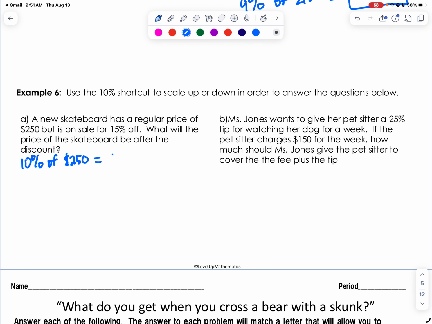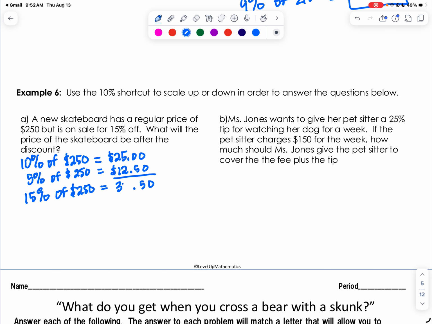And that would simply be $25. So 5% of $250 would be half of $25, which would be $12.50.